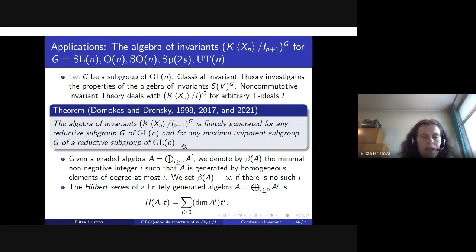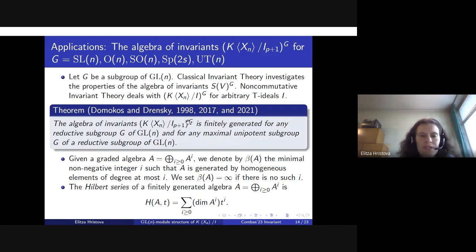So this theorem tells us that, okay, in this talk we are going to take particular examples of reductive and maximal unipotent subgroups, and then try to find degree bounds, since we know that these algebras of invariants are finitely generated. We would like to find explicit bounds on the degrees of homogeneous generators in a minimal generating set.